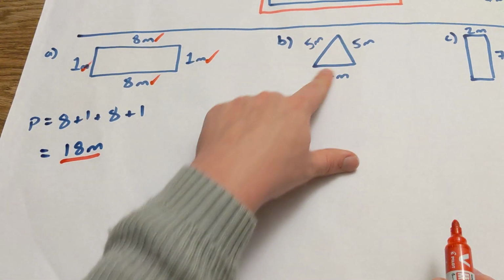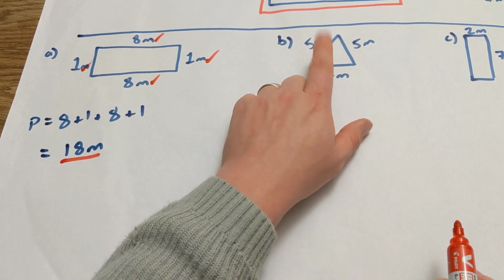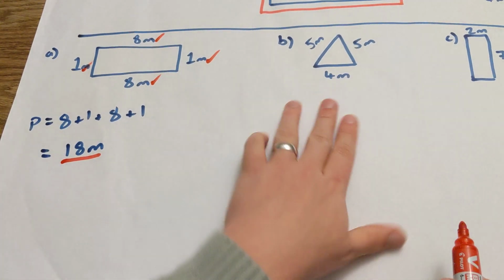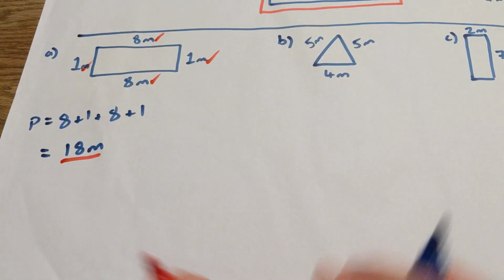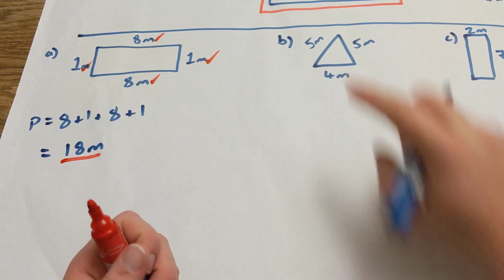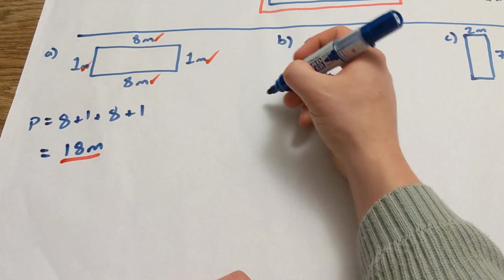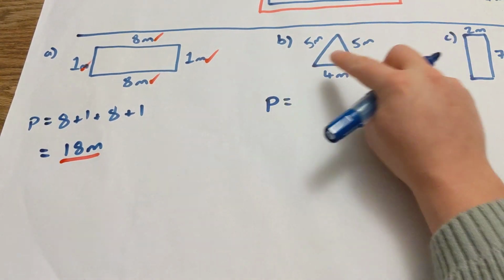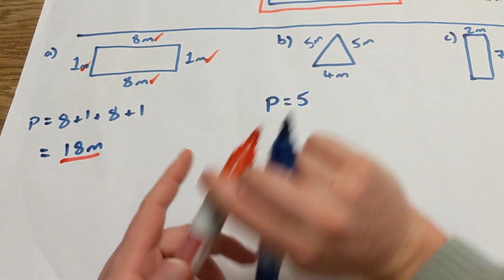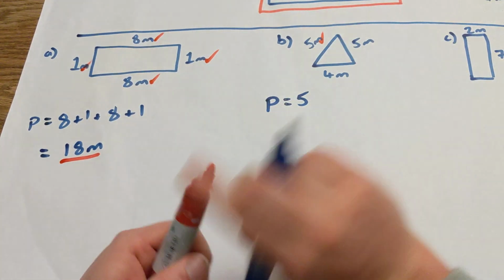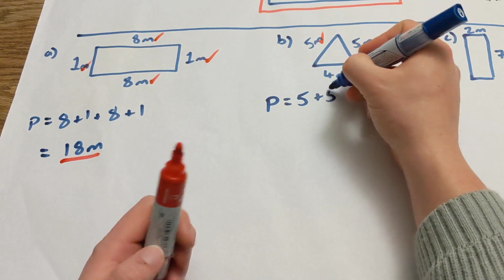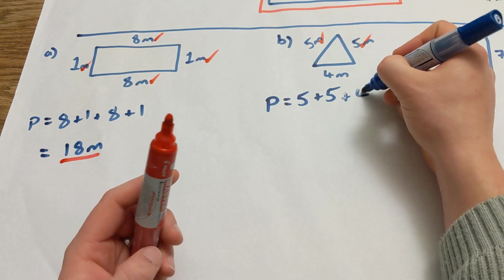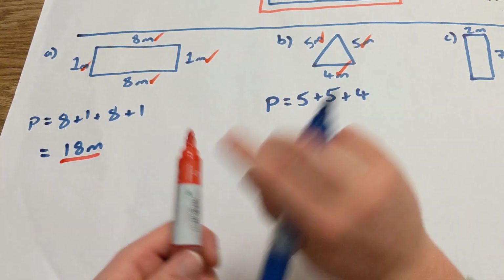Okay, now you'll see this one, I've drawn a triangle here. It doesn't matter what your shape is, okay? You can work out the perimeter of any shape just by adding all the edges together. So once again, I'm just going to write P for perimeter. And here it's going to be 5, so that's that side dealt with, plus another 5, that's that side included, plus 4, that's that side.